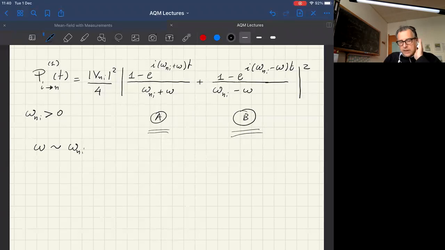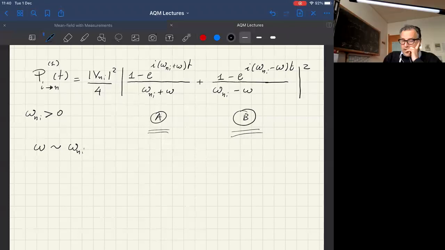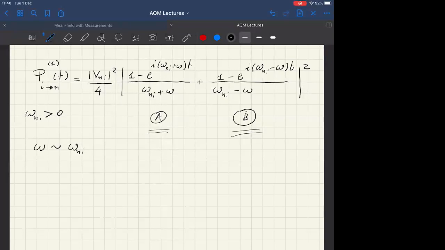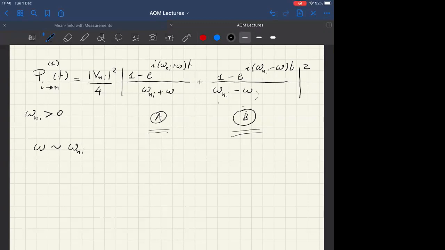It's not equal, but close. It's just the first term, the A term. Well, if you see A, the denominator will be just twice omega n I, while the denominator of B will tend to 0. So B is much bigger.